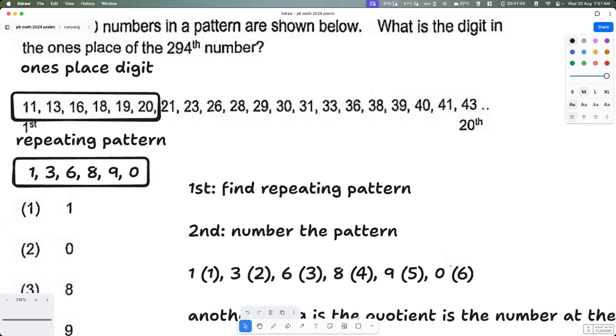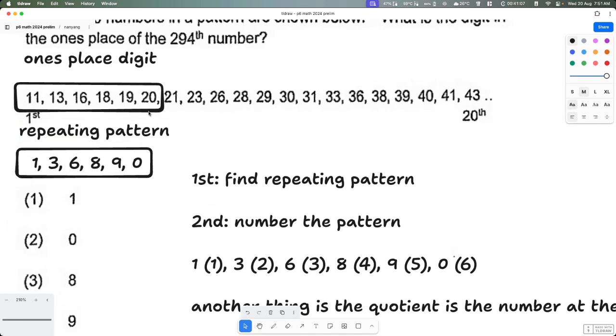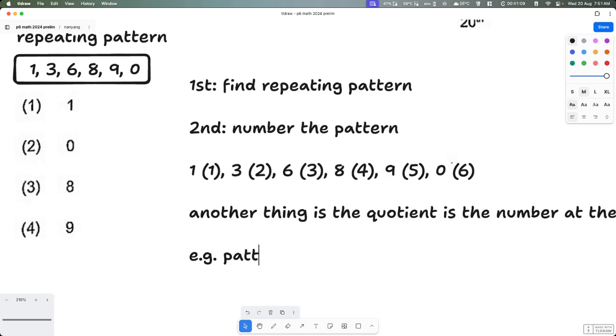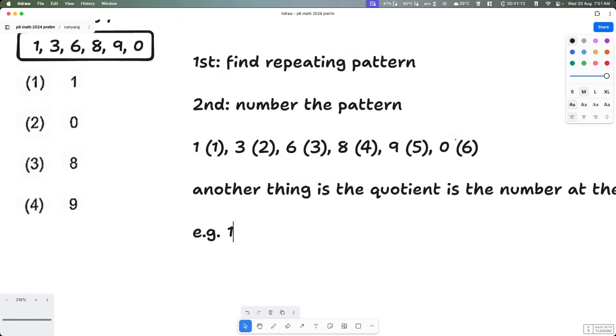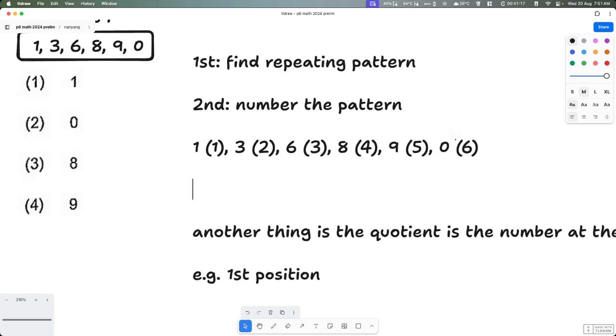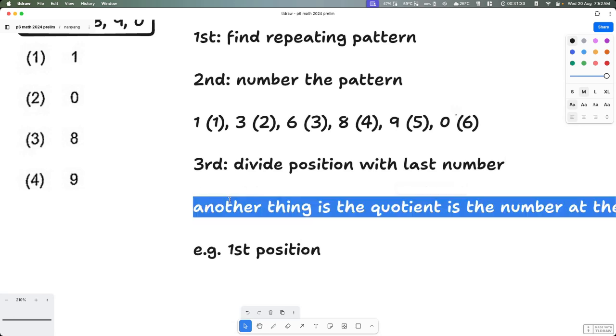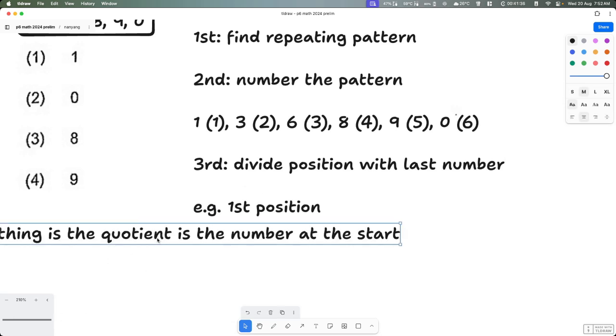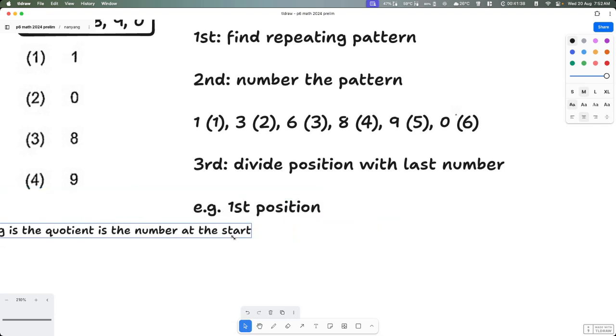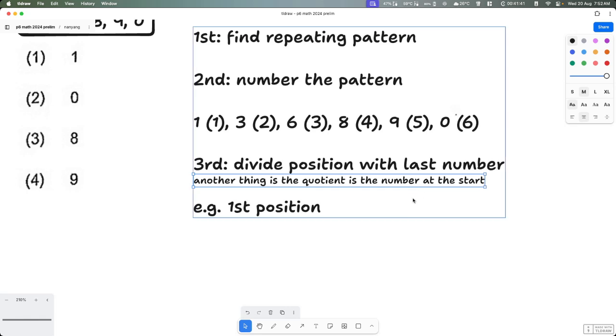Wait, let me just put third step, first, second, and then third is to divide position with last number. Okay, so I'm just going to copy this. Right, so one thing to take note is that the quotient is the number at the start.